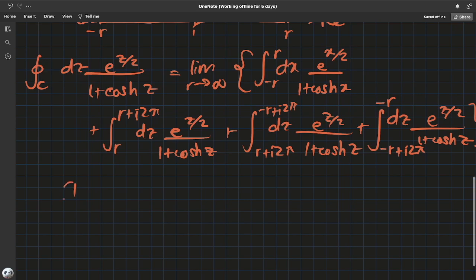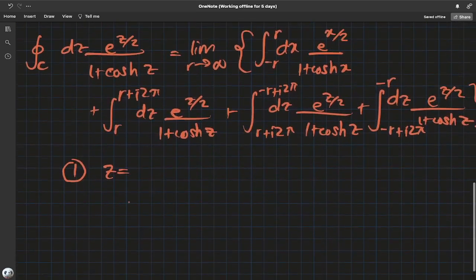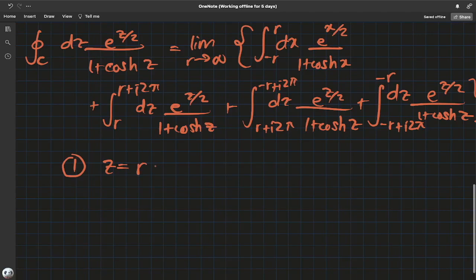So for segment 1, let's parameterize it this way. Since y is the only thing that's changing, the real part is r, which will remain constant. That's our parameterization. dz is i dy.